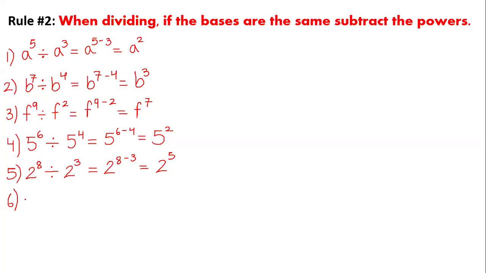Now we have x to the power of 10 divided by x to the power of 4. It's going to be equal to what?